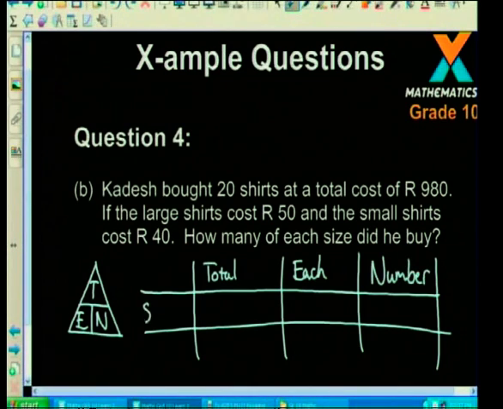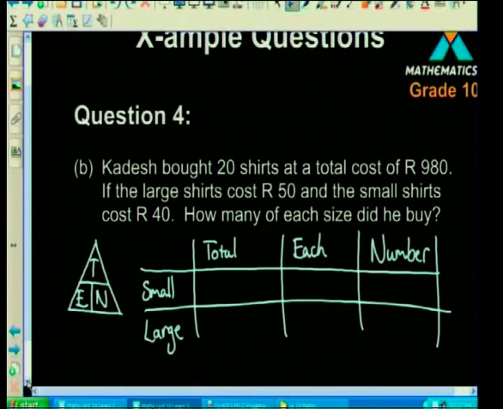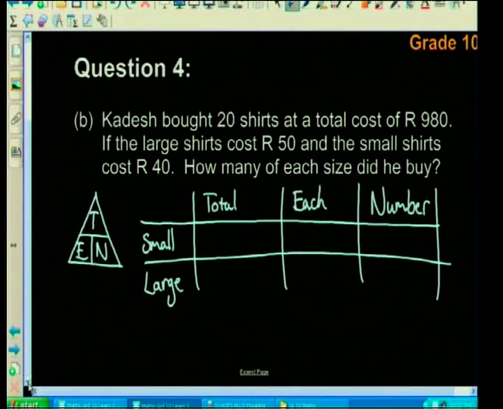Then we've got small, and we've got large. Let's fill in what we know. Kadesh bought 20 t-shirts. So how many in total did he buy? The total number of shirts he bought was 20 at a total cost of 980 Rand.